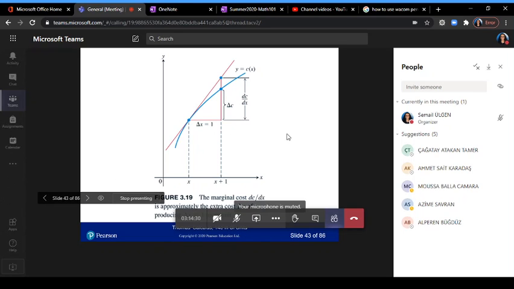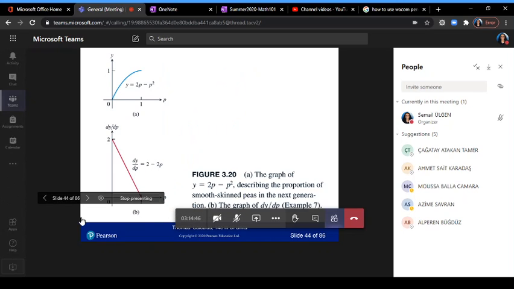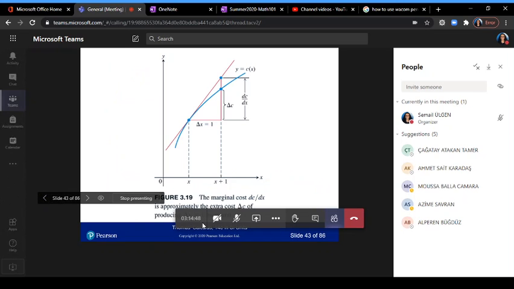Usually they ask you to find the marginal cost, which is the derivative of C with respect to x, and you know you just take the derivative of C with respect to x. The marginal cost, which is dC/dx, is approximately the extra cost delta C of producing delta x, one more unit.